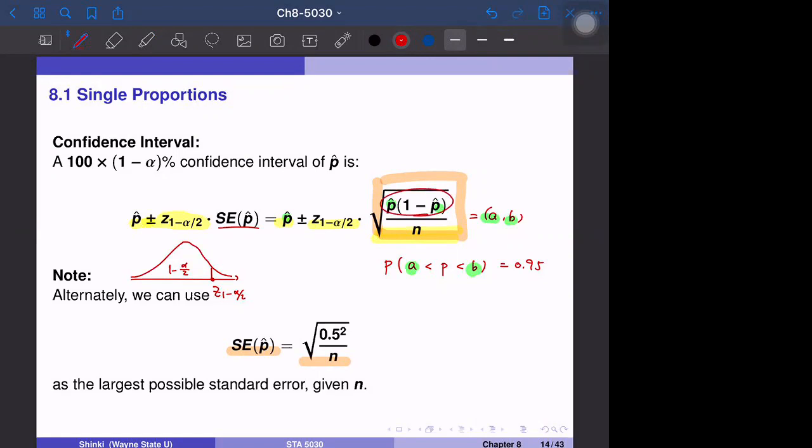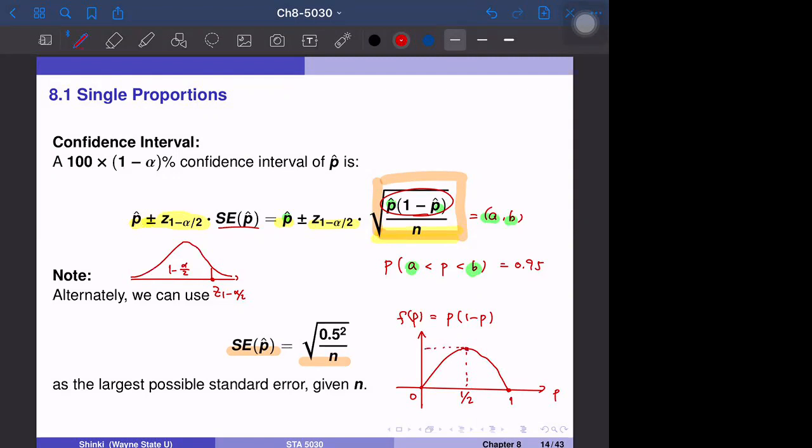This function is maximized at p equal to 1/2. P ranges from 0 to 1, and the graph of y equals p times 1 minus p is a parabola, with its peak at 1/2. So this is the largest possible value.